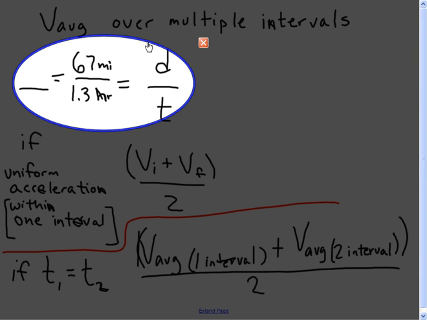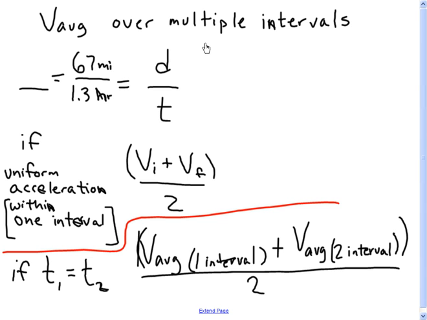It works all the time. We like equations that are free from rules. These other ways of finding average speed have uses, and sometimes they're the only way we can find average speed, but because they have rules, we have to be careful with them.